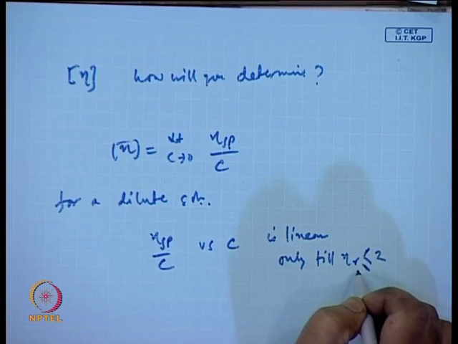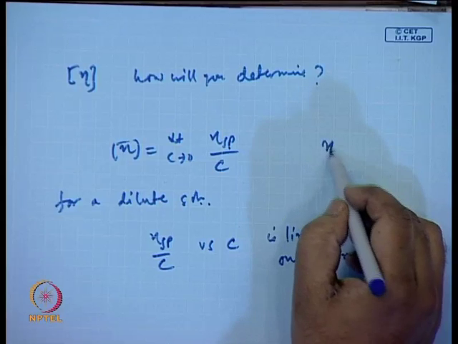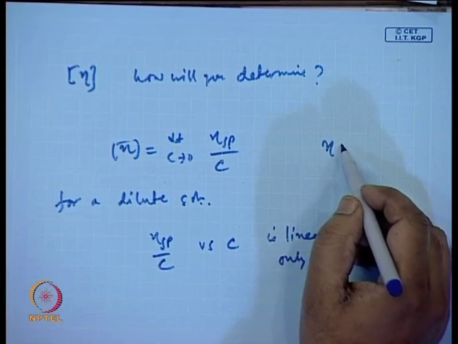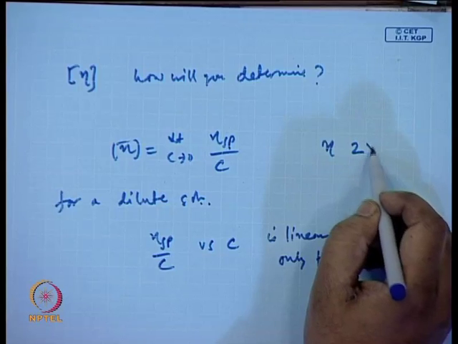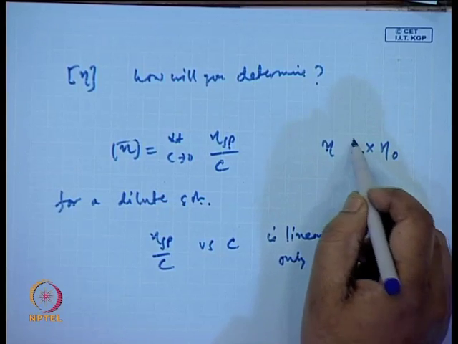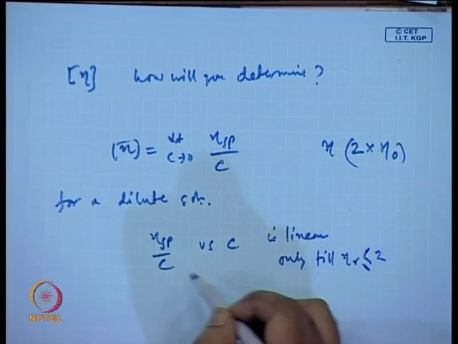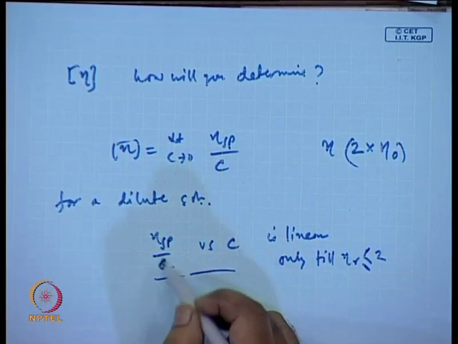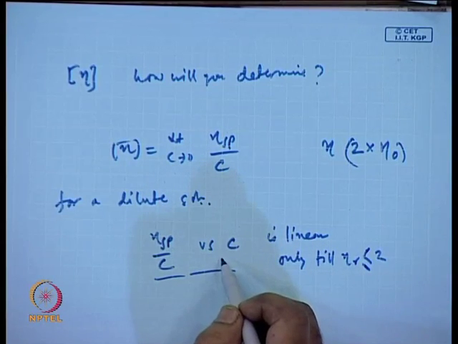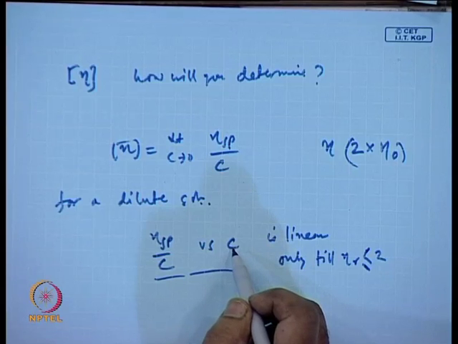So, if your eta value of the solution is maximum twice the eta 0, then you can find that eta sp is linearly related to the concentration term.